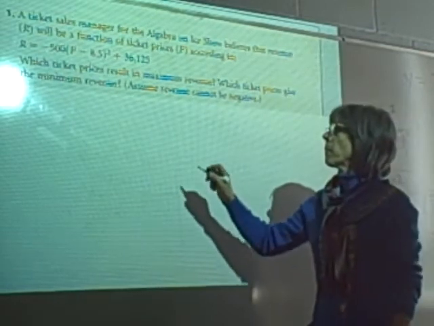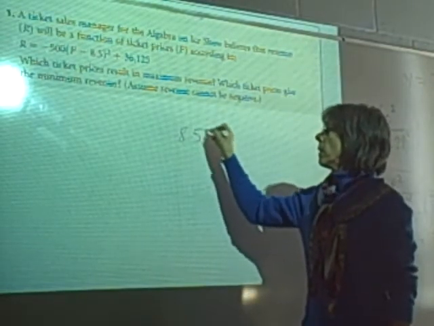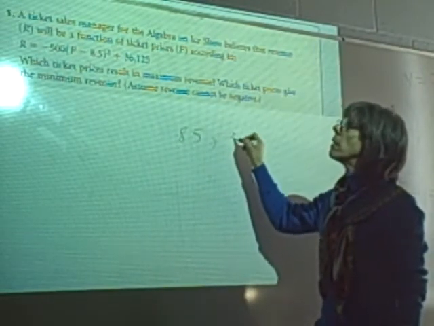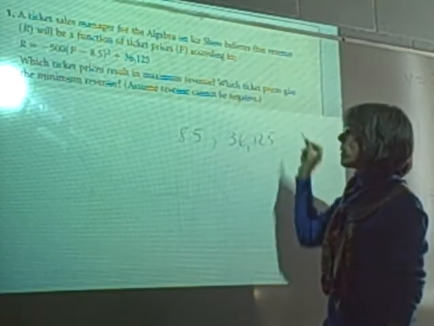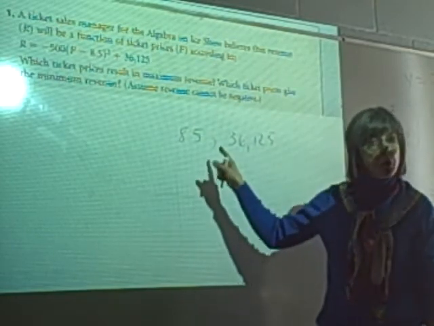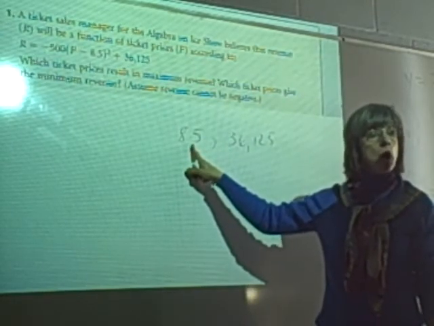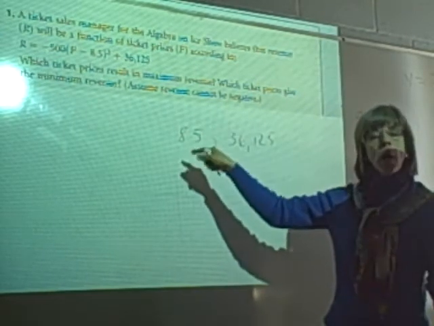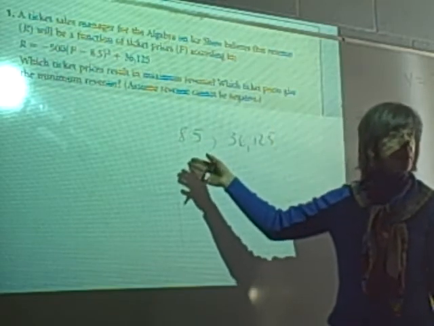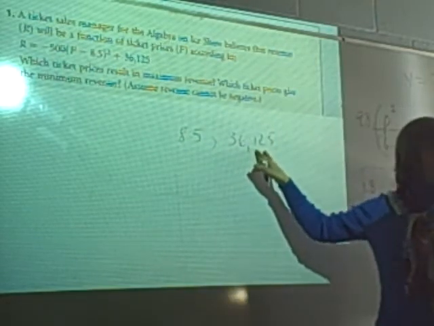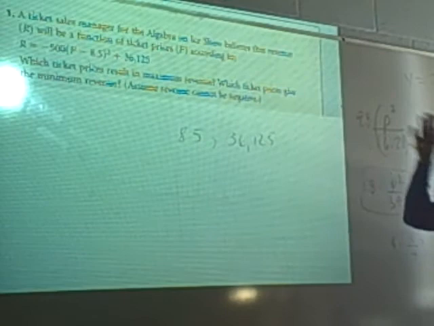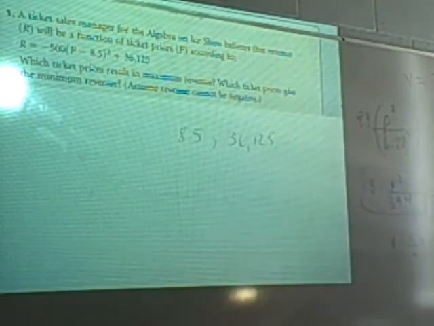The vertex would be 8.5 for x, and then 36,125 for y. Okay, so I know that the vertex is located at 8.5. So when the ticket price is $8.50, the maximum profit will be $36,125.